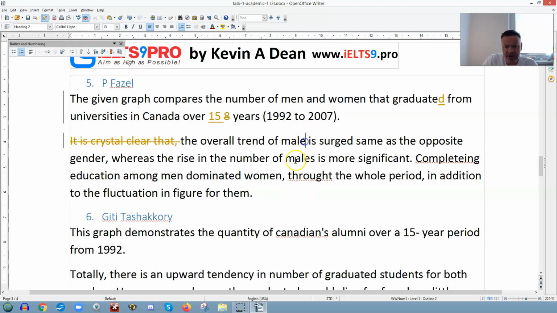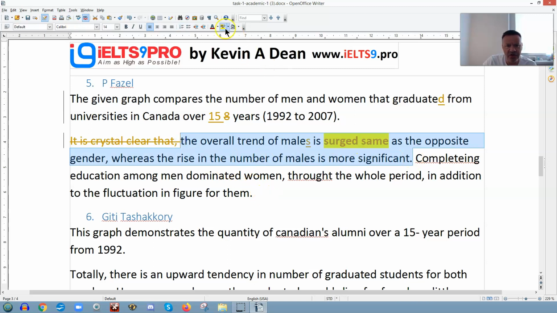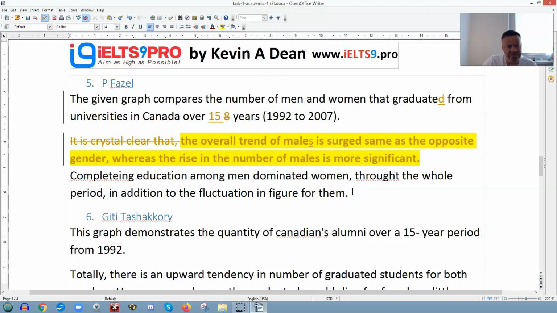The overall trend of male is surged same, as the opposite gender, whereas the rise in the number of males is more significant. I see what you're trying to say, but how that is phrased, it does not work at all. The overall trend of males is surged, same. Well, how can it be the same? It's the opposite. No, that's not very good at all. No idea what that means.